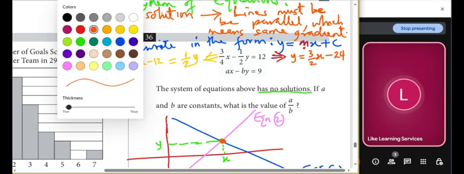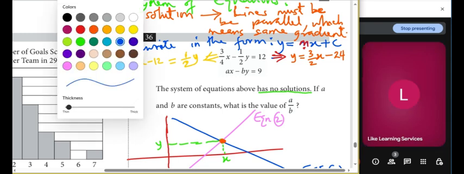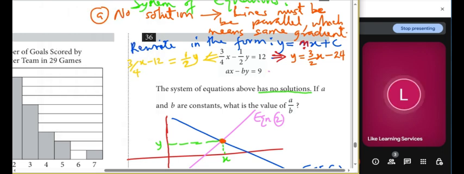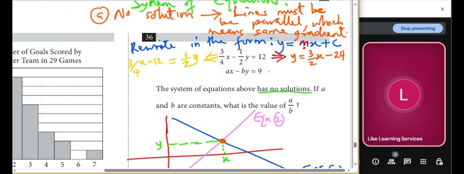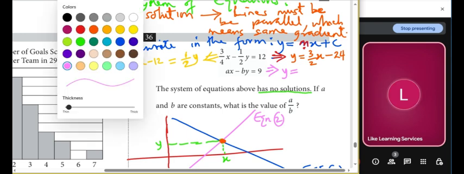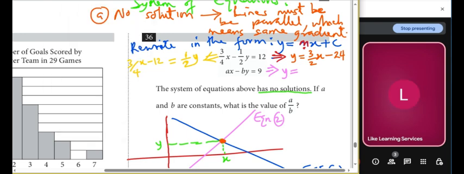The second equation below, equation 2, make y the subject of the formula. Let's just do that directly because it's not really a big deal. If you still want me to do the first step, no big deal. Here, by will be on this side, equal to ax on this side minus 9.